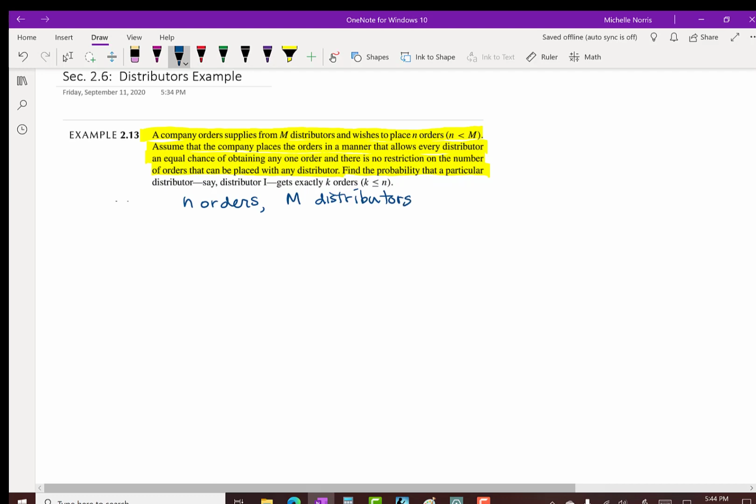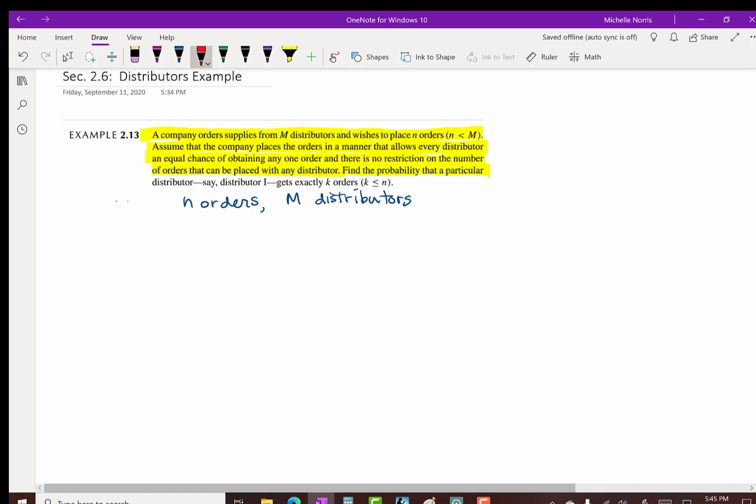They would take their first order and go to their pool of M distributors and choose one to give it to. So for that first order, there are M possible choices. Then they take their second order and pick which distributor to give it to. There are again M choices because a distributor can get more than one order. There's no restriction on the number of orders.